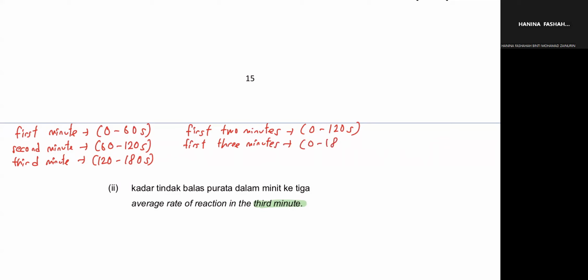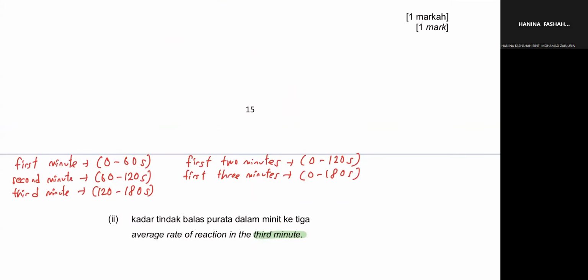You need to see how the question asks: second or third or first 2 minutes or first 3 minutes or last 2 minutes. In case they don't really come up, but I want to show you, the last 2 minutes for the reaction is 120 to 240 seconds.